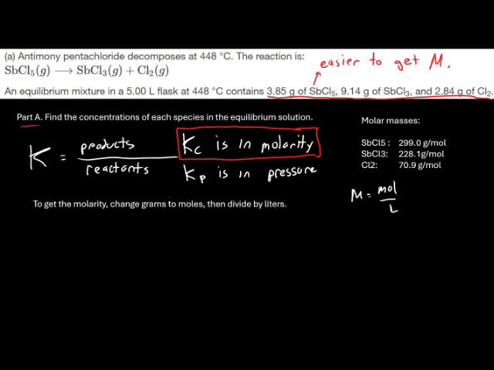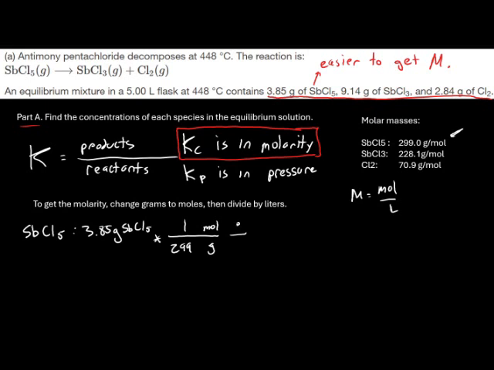We'll start with SbCl5. We have 3.85 grams of SbCl5. We will get out of grams and into moles, and we'll use the molar mass of SbCl5, which is 299. That will go next to grams.